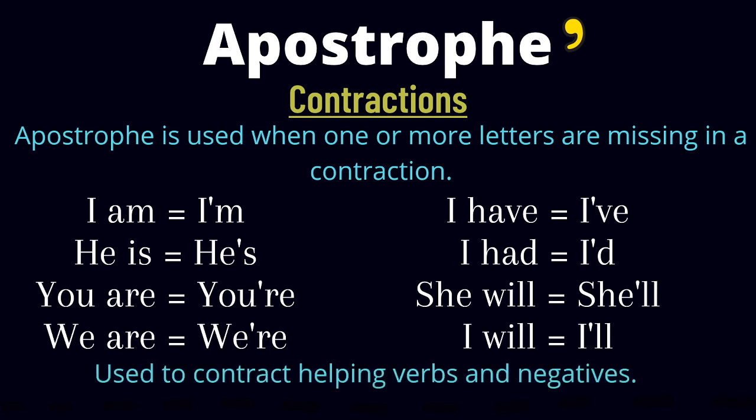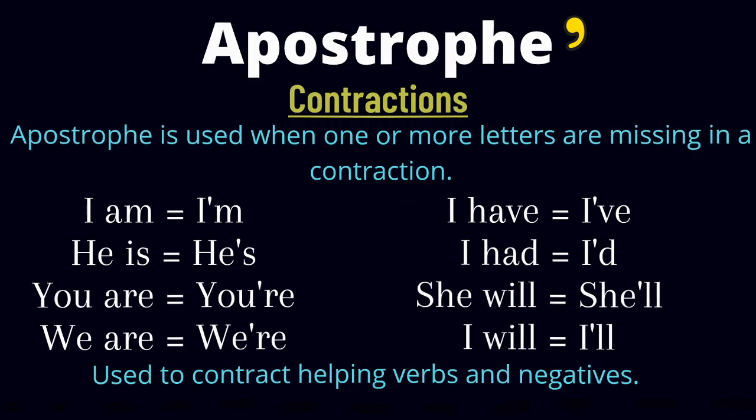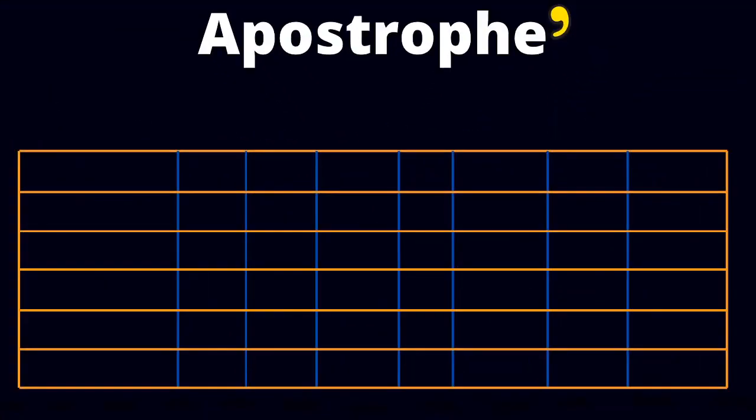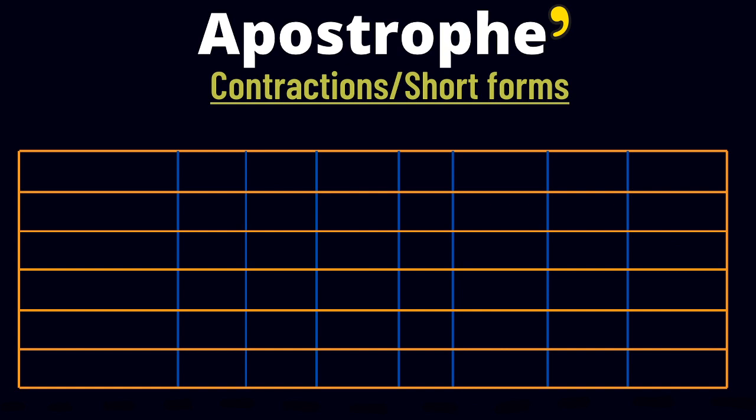Apostrophe is used to contract helping verbs and negatives also. This is a table which shows the complete usage of apostrophe for all the contractions or short forms. Let's see how it changes the auxiliary verb.